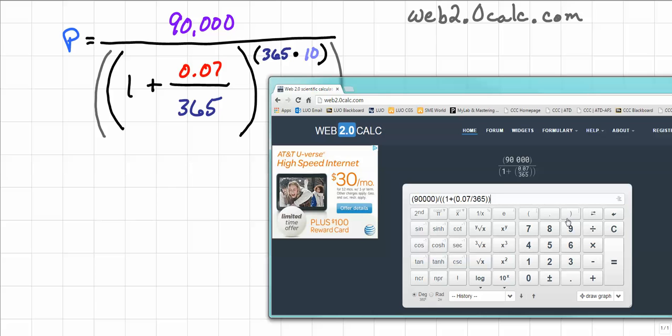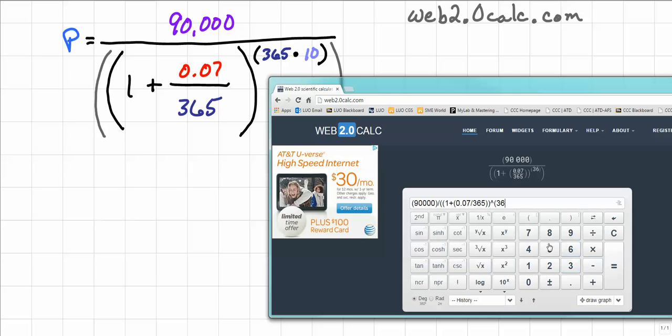And that means that everything that's inside, which is the 1 plus 0.07 over 365, can now be raised to an exponent. And I'm going to use this x to the y key, or you could simply type shift the number 6. And then I'm going to put in another open parentheses, and I'm going to type 365 times 10. And I'm going to close those parentheses.